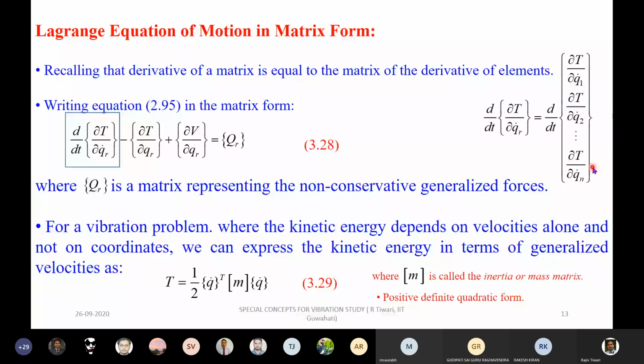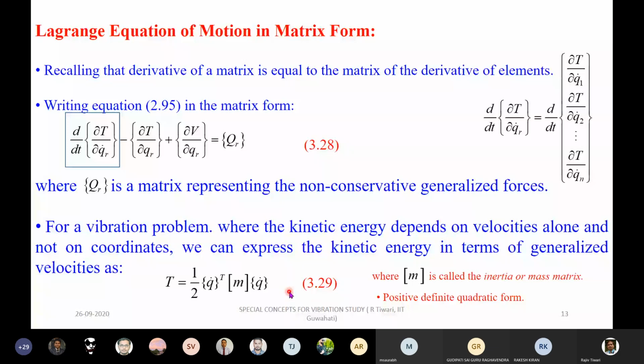Now we know the kinetic energy can be expressed in this form, in which this is the mass matrix, which contains the mass influence coefficients, and is called the inertia or mass matrix. As I mentioned, it is a quadratic form because the q dot squared term is there, and we know that kinetic energy is always positive, only zero when velocity is zero.